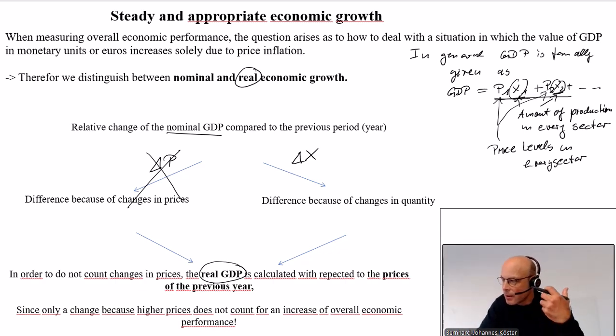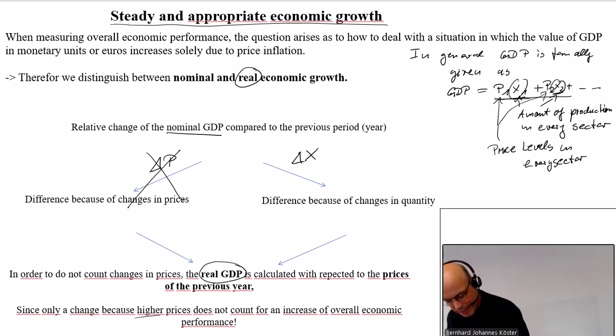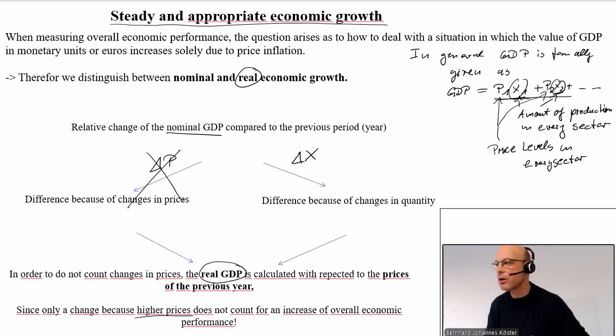And this is what we want to focus on when we want to talk about steady and appropriate economic growth in general. Because just higher prices would not mean that our economic performance is better. And we will see later on numbers for Germany. So the nominal GDP, especially in the years 2022 and 2023, you remember it.